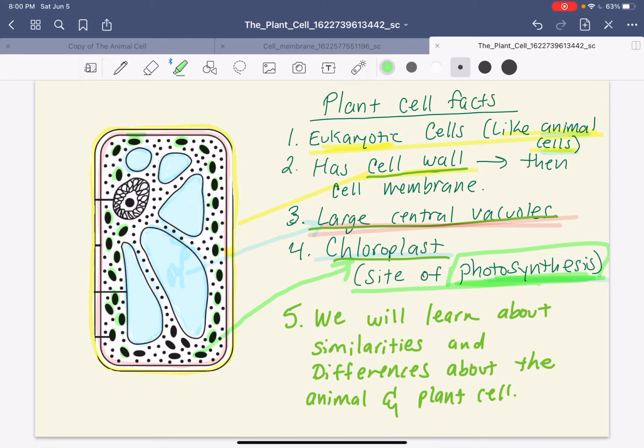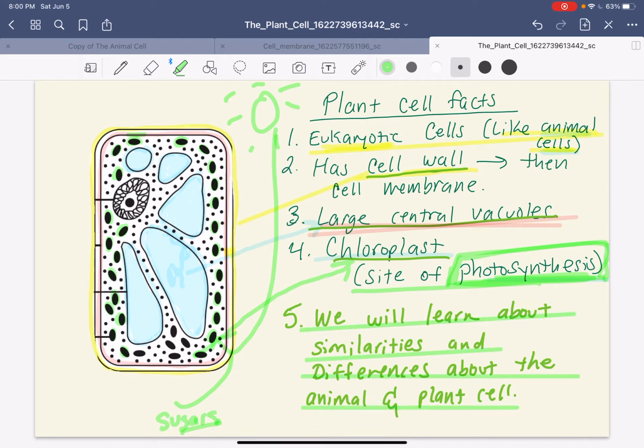It's a biochemical process where the plant cell captures energy from the sun and turns it into carbohydrate sugars for the plant. Just a quick brief explanation of that because photosynthesis needs its own video. We will learn about similarities and differences between the animal and plant cell as we move along.